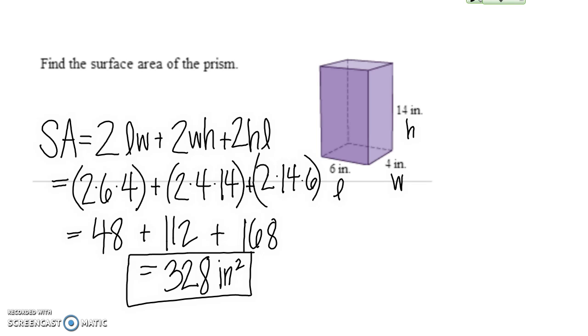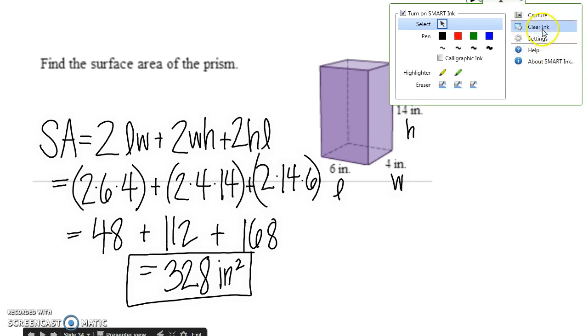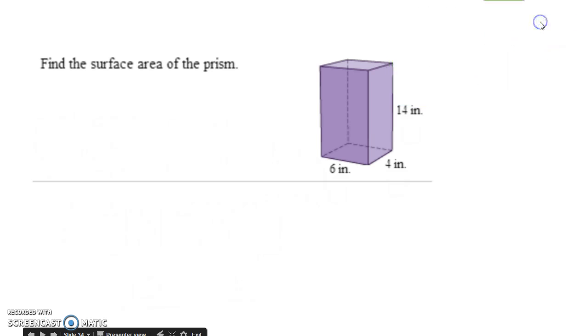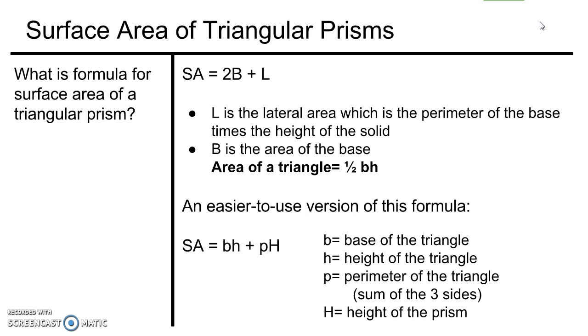Alright, now I'm going to give you one of the triangular prism. Let's try the triangular prism. This is the formula that you may see on SC Ready, but I have given you a more easy to use version of this formula. This is the one that you would want to copy down.